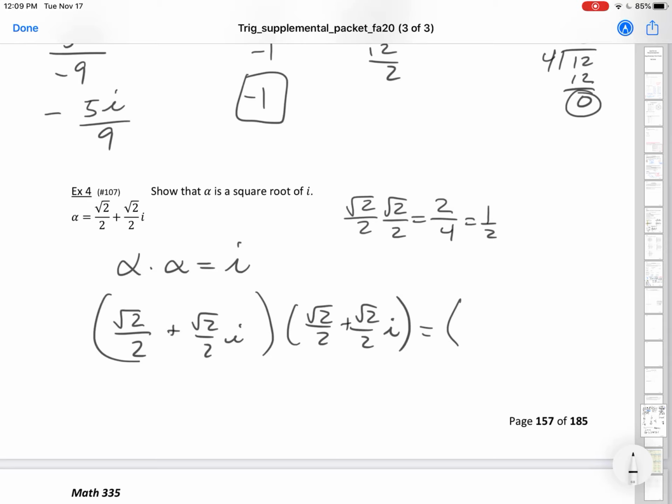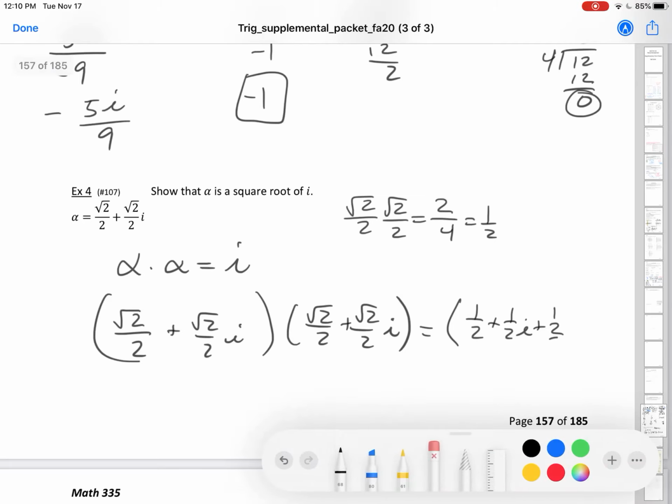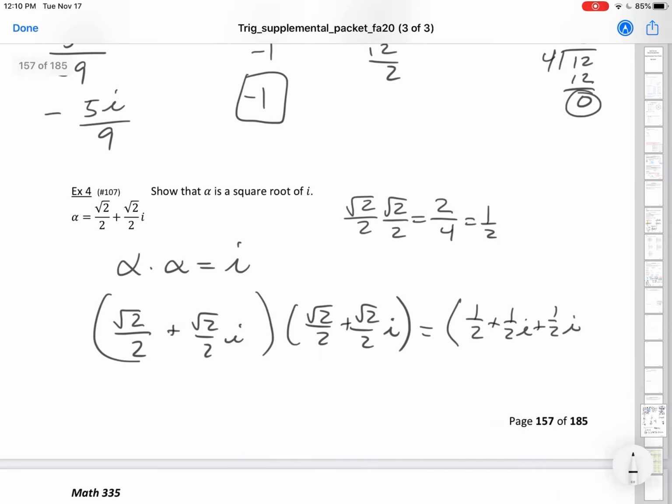Root 2 over 2 times root 2 over 2i is plus 1/2i. Root 2 over 2i times root 2 over 2 is plus 1/2i. And then root 2 over 2i times root 2 over 2i is 1/2 positive i squared.